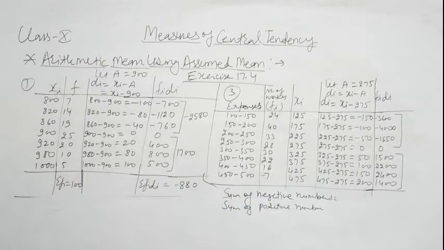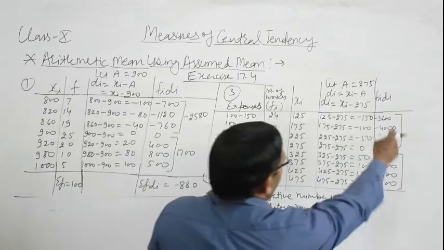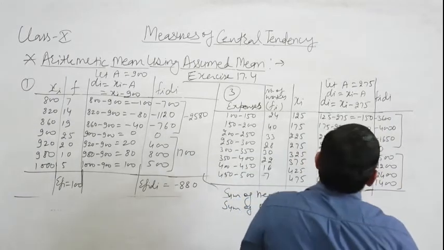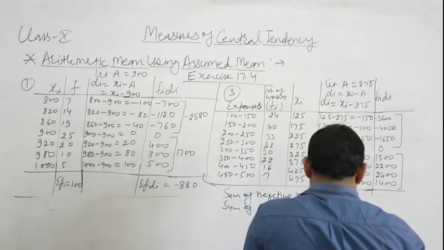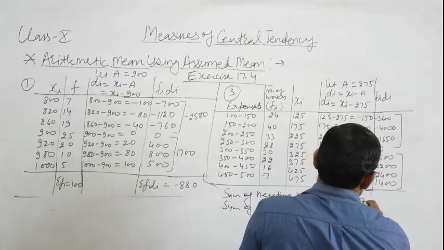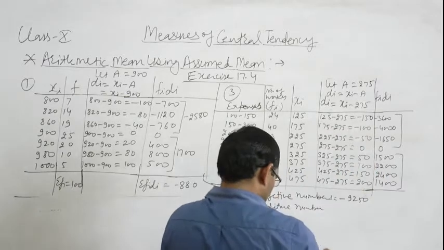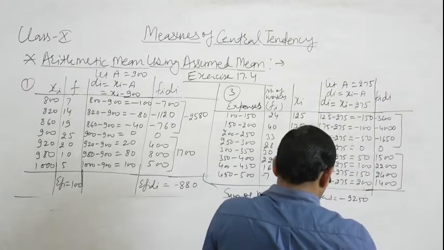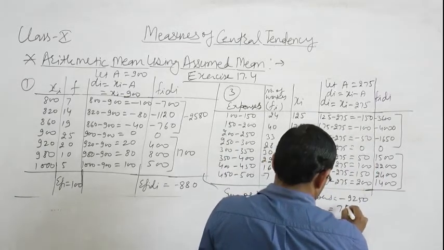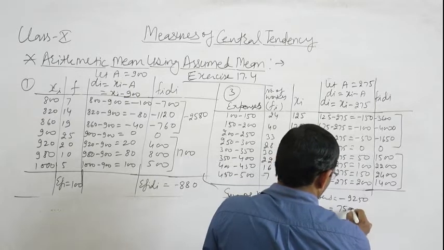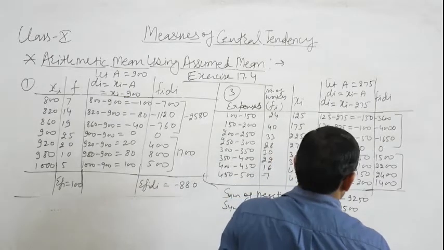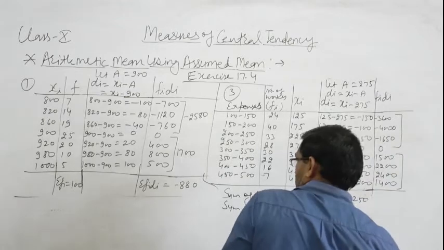The sum of negative numbers is minus 9250, and the sum of positive numbers is 7500.